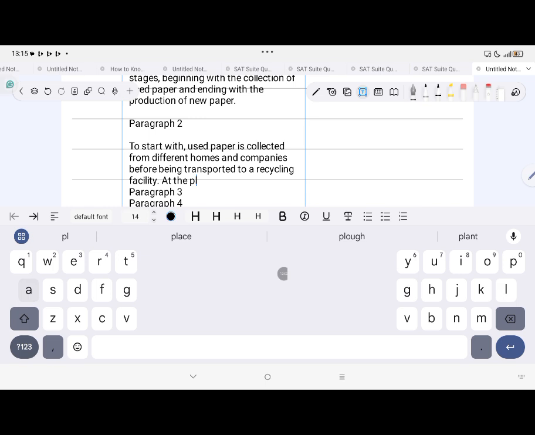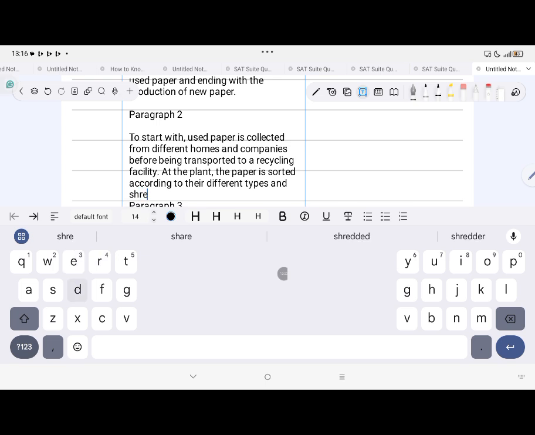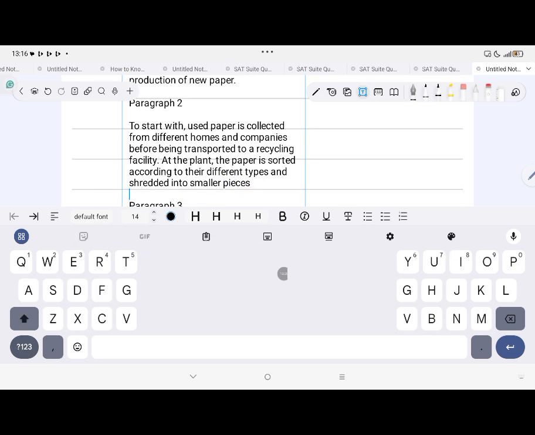At the plant, so I don't want to say facility again, so I'm using a synonym. At the plant, the paper is sorted according to their different types and shredded into smaller pieces. That's enough for a paragraph.